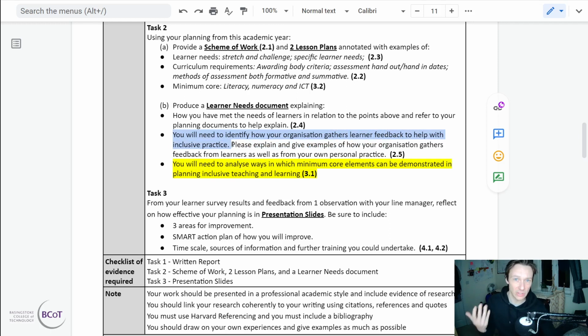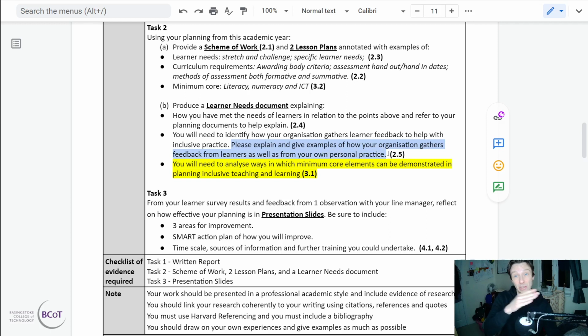What's the methodology? How does your school, college, university, training institution actually think about this? Explain and give examples of how they gather feedback from learners as well from your own personal practice.